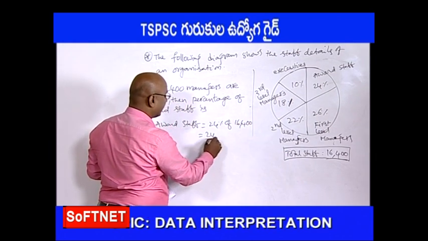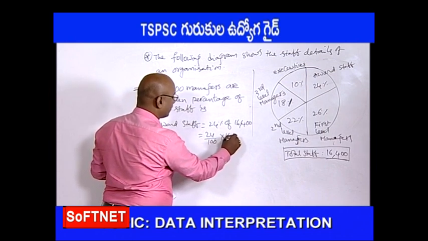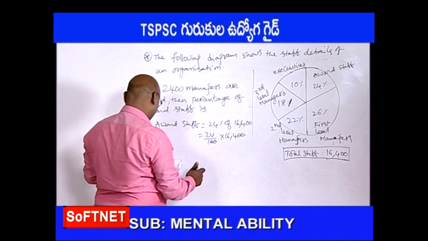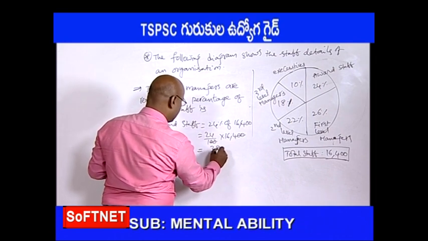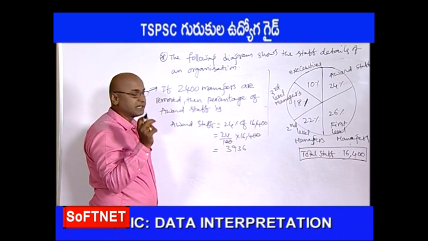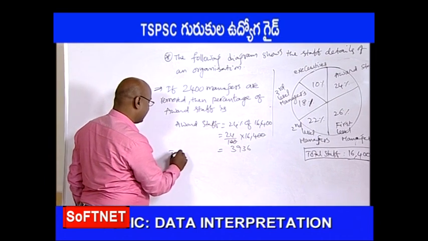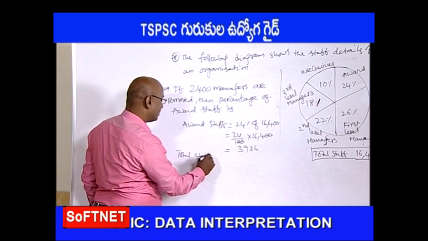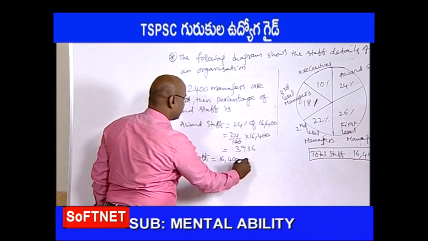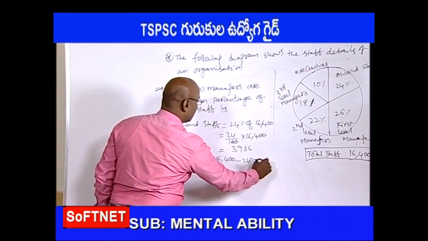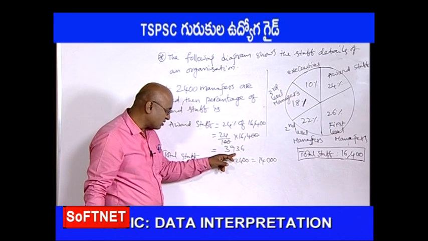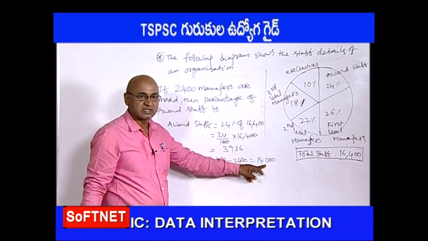So 24 by 100 into 16,400 is equal to 24 into 164, which is 3,936. Now 2,400 managers are removed. Now the total staff is 16,400 minus 2,400, that is equal to 14,000. Now, what is the percentage of this 3,936 in 14,000?